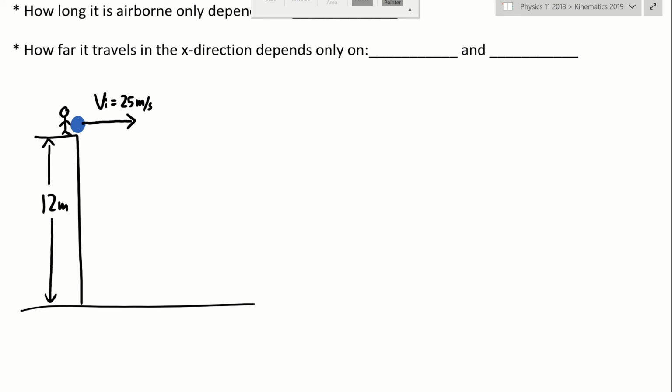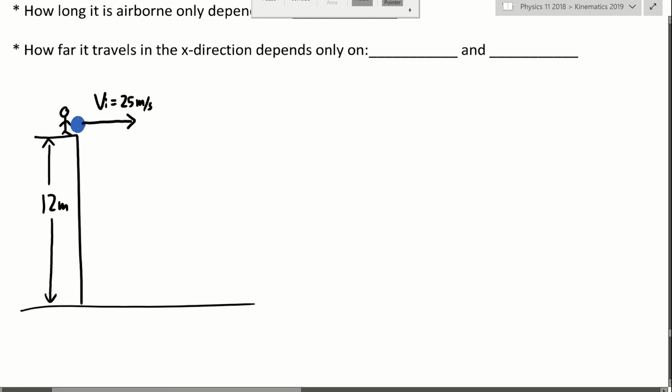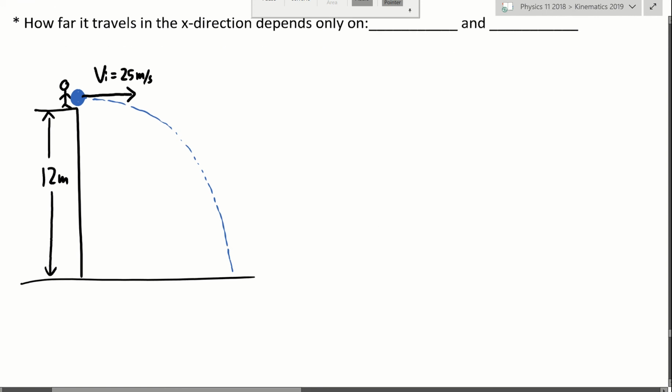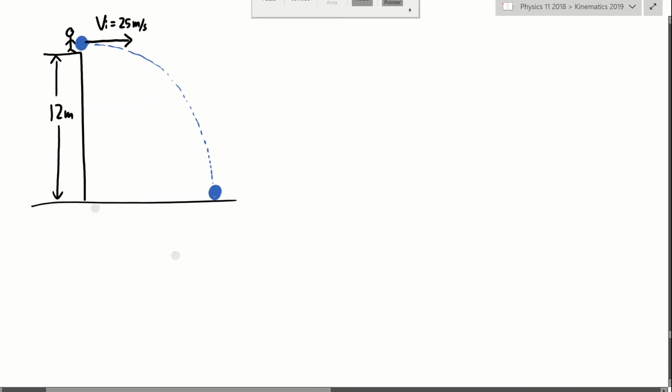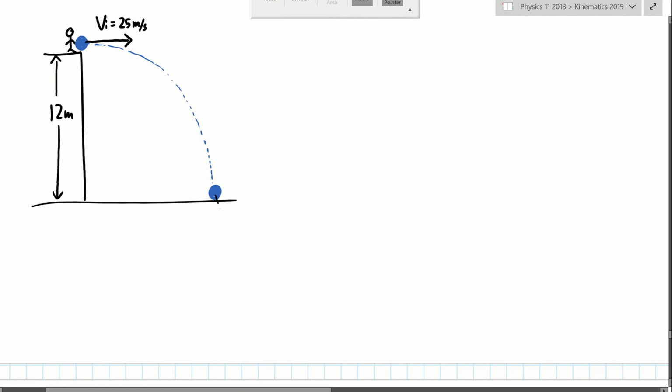Now, make a prediction first. Which way would the ball go? Well, I think most of you would agree with me that the ball should just be going this way at the end. So the object, by the time it hits the ground, would be going somewhere like this, right? Of course, it's going to have a speed that is larger than 25.